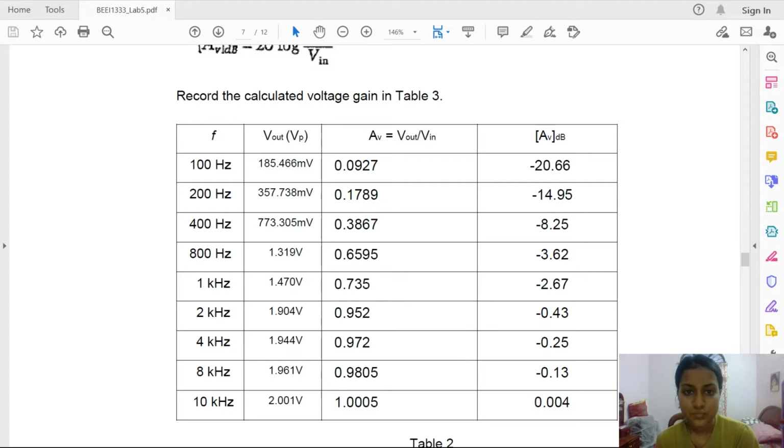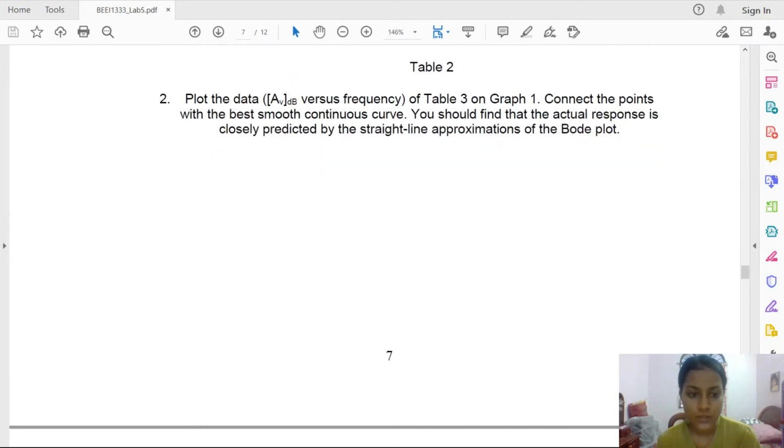But if compared to the low pass filter, for the low pass filter, as the frequency increases, the V out decreases, and also the voltage gain in dB decreases. So for the high pass filter, all these things are increasing. So these are the results that we got.